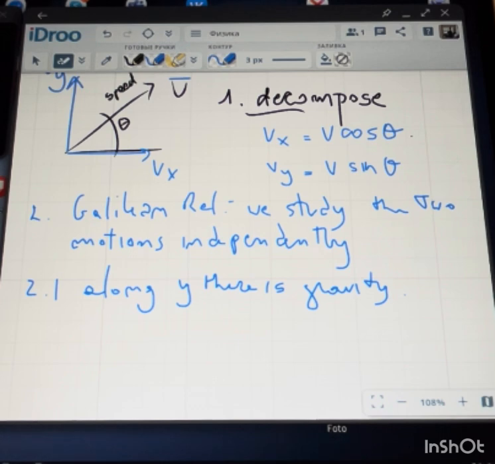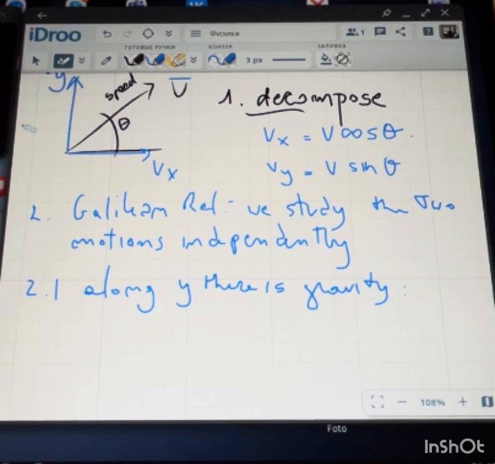Not yet. Okay, good. Because this type of problem can be resolved in two steps with energy arguments, but we'll do that later. So along y there is gravity. Hence, how do we tackle this? How do we study the motion of the projectile along the y-axis?